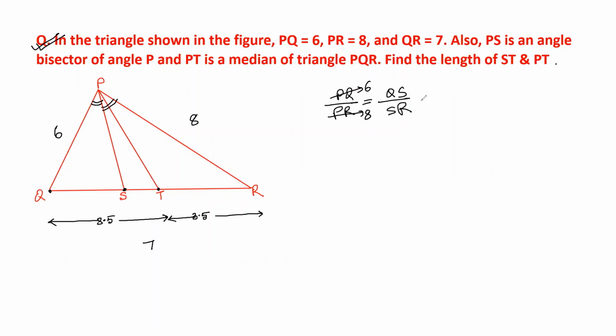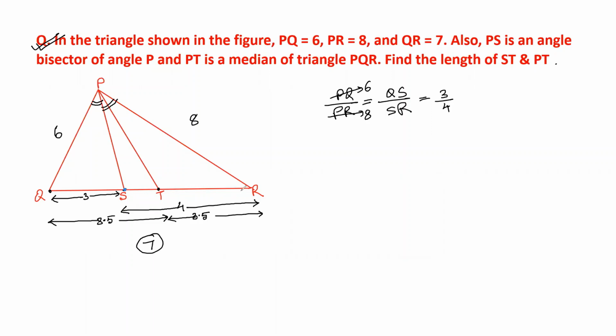So the ratio QS upon SR would be 3 upon 4. Since QS plus SR is equal to the length QR, which is 7 units, and QS is to SR is 3:4, we can say that the length of QS would be 3 units and the length of SR would be 4 units.